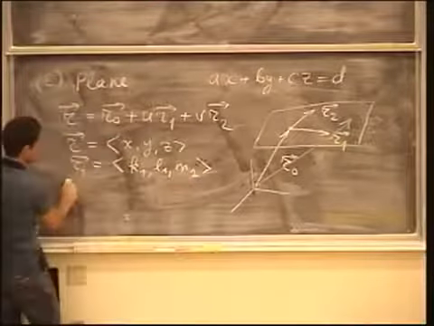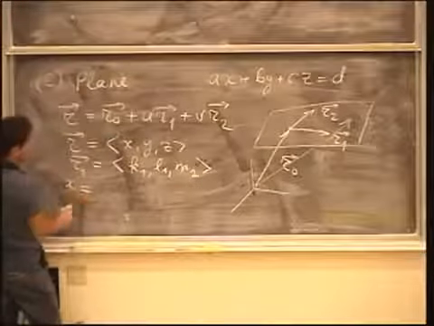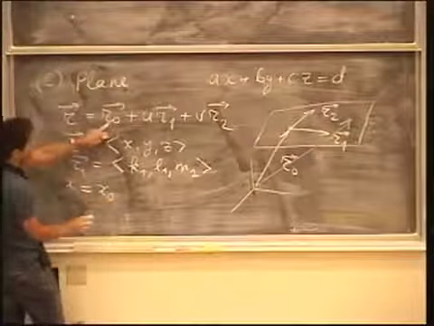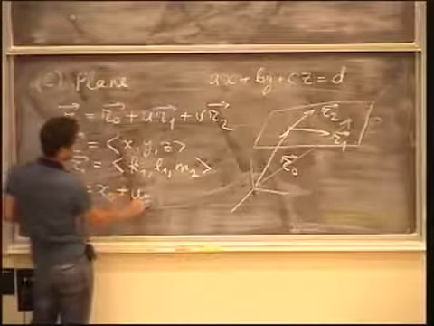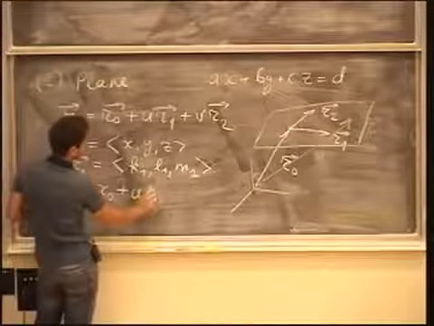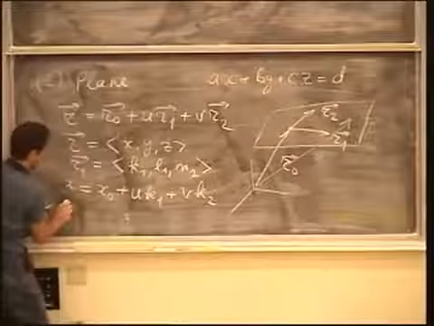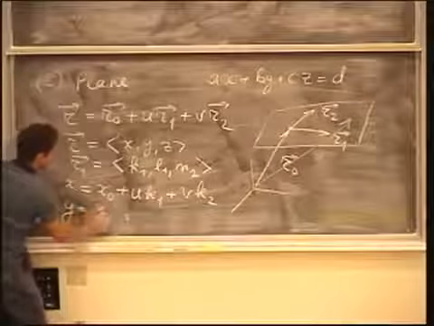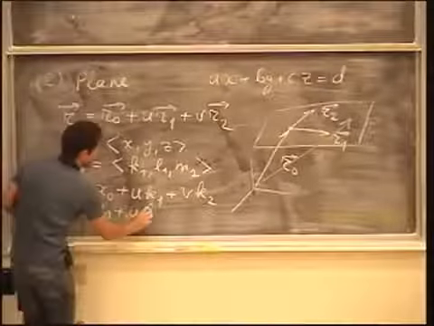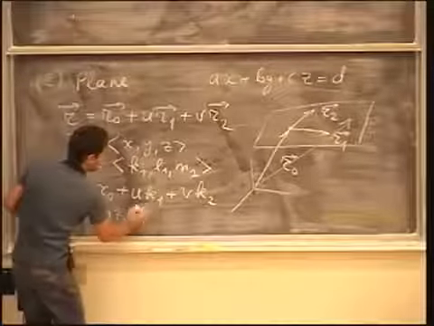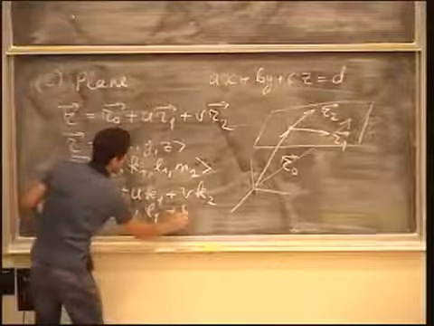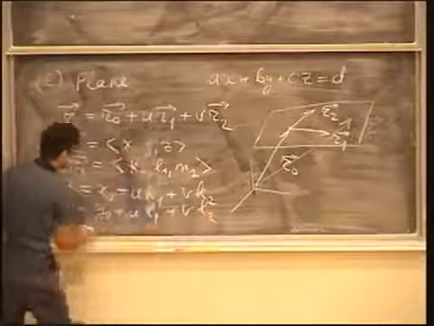Then I can actually write each of them as a function of u and v. So x would be x0, the first component of R0, plus u K1 plus v K2. y would be y0 plus u L1 plus v L2.